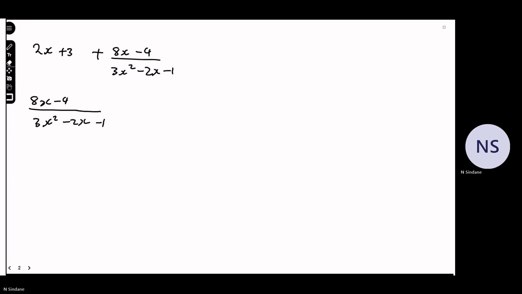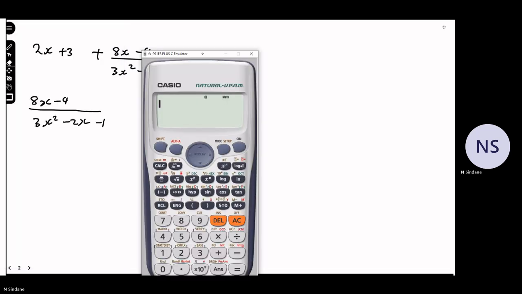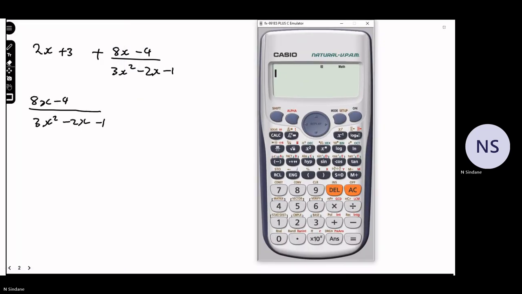Let me bring out my calculator to help me factorize. I have 3, minus 2, minus 1.